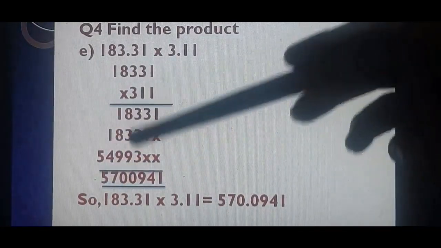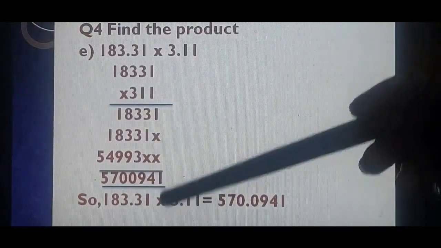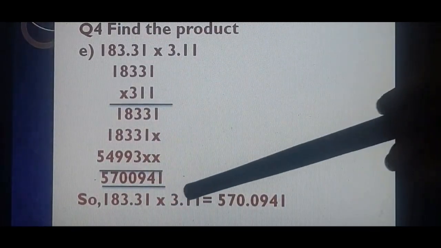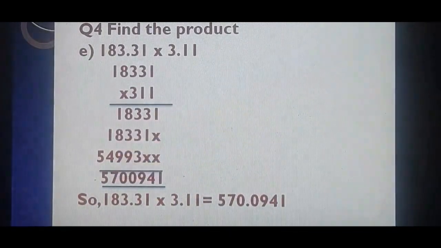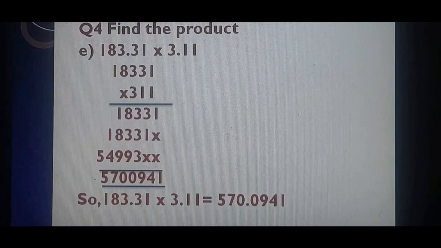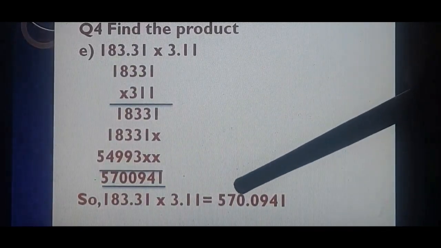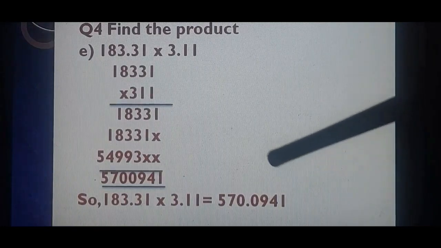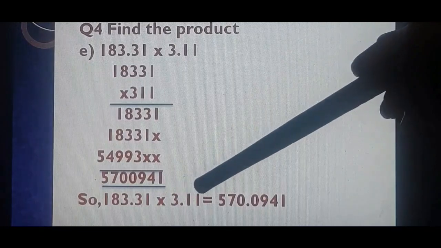So after multiplication, write down the question again. 183.31 multiply by 3.11. Now write down your product, whatever you have got. Product is 57,941. So you will write down here. Now count the digits after decimal. 1, 2, 3, 4.